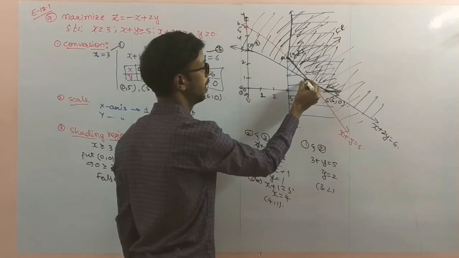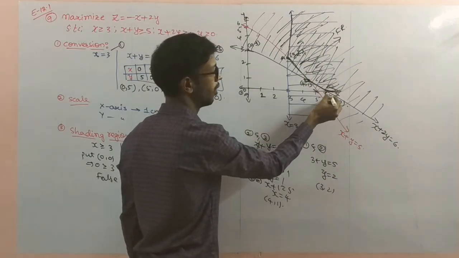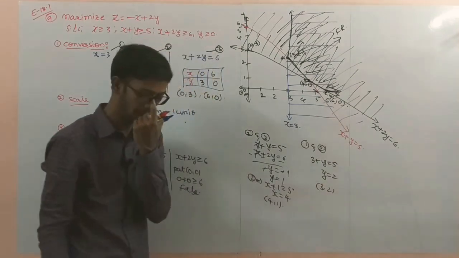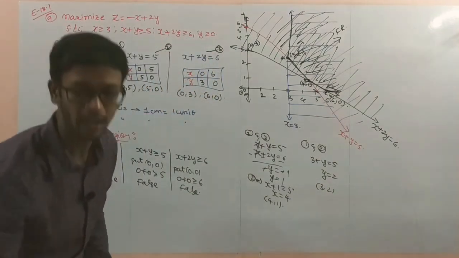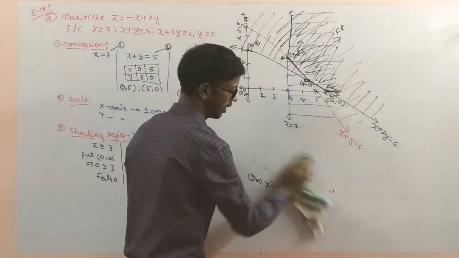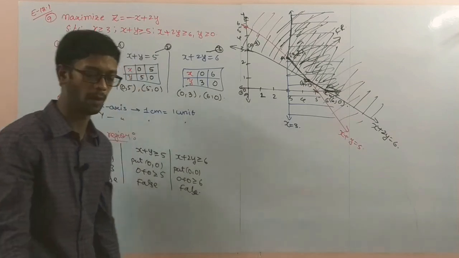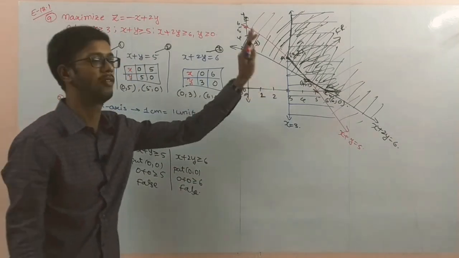Name them A, B, C. This point we know already: it is (6, 0). Since you have the proper graph, you will get the points directly. No need to write them including in this graph; otherwise you can do it as rough work. No problem, no need to copy. Just by the graph you can continue.